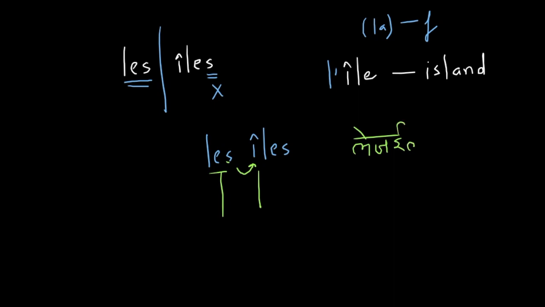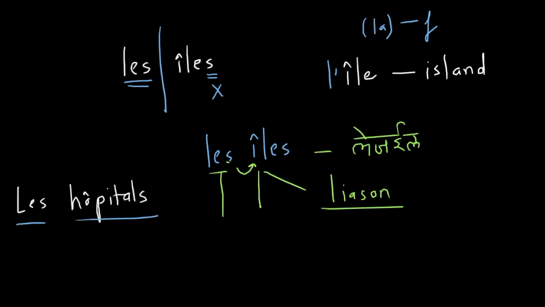This is where French is at its toughest, the pronunciation part. And it will take some time to get used to all this liaison, where you join the words while speaking them because the second word in the sequence started with a vowel. For example, this will also happen with les hôpitaux. Correct.